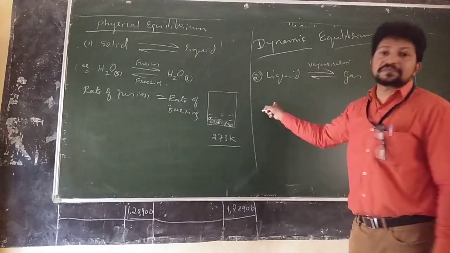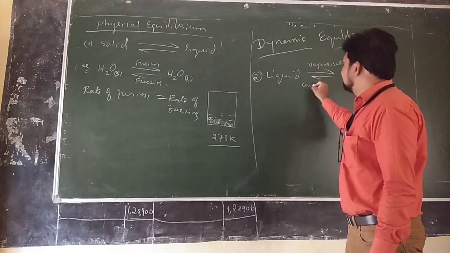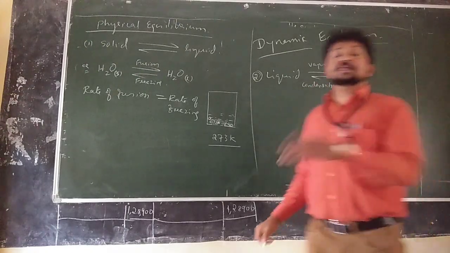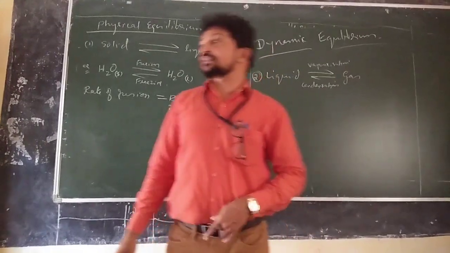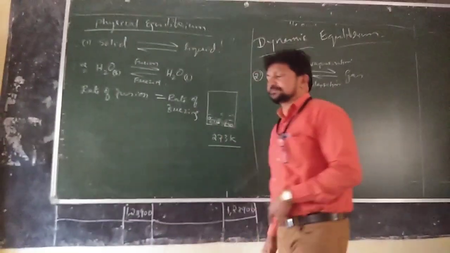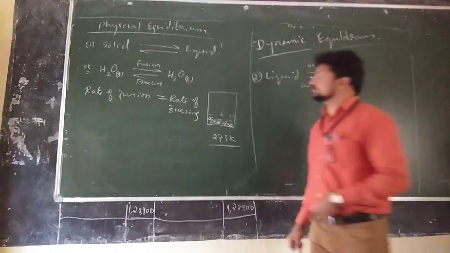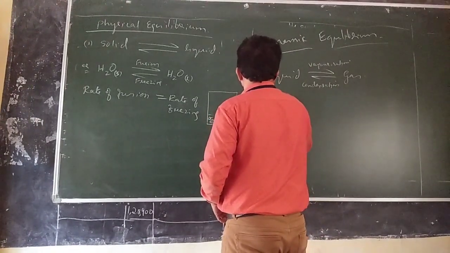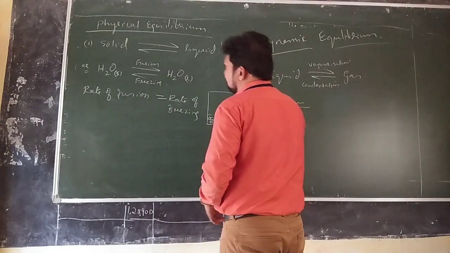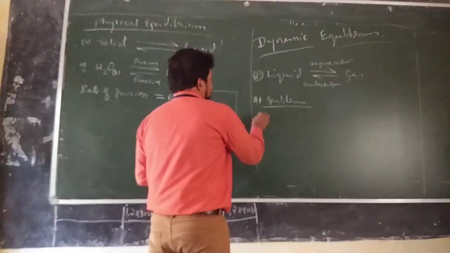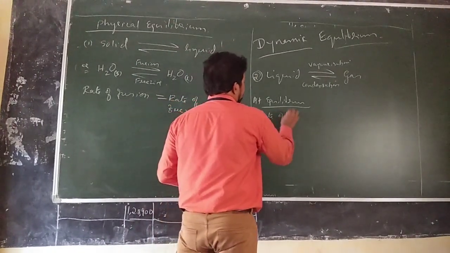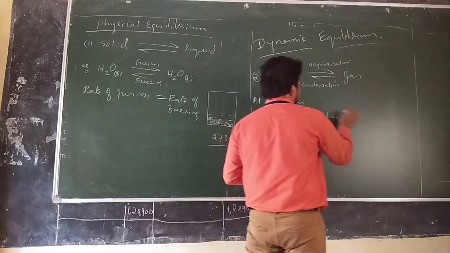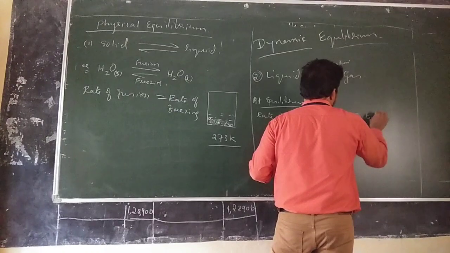And gas becoming liquid, this is called condensation. So rate of vaporization is equal to rate of condensation at equilibrium. So what is happening here? Rate of vaporization equal to rate of condensation.